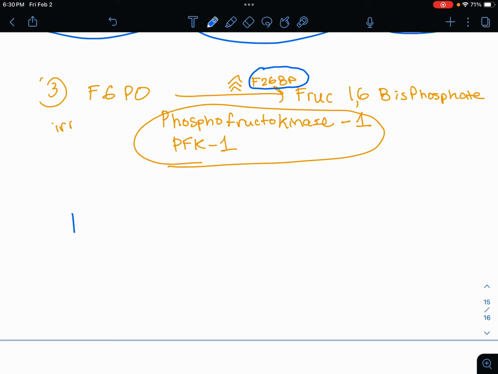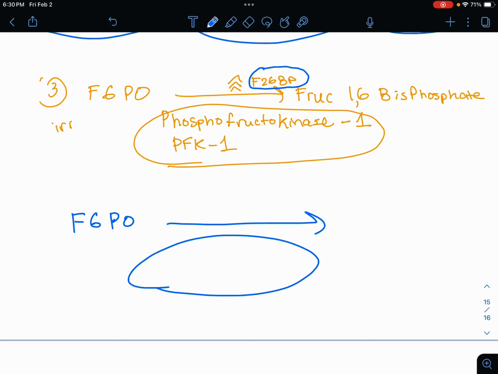PFK2, let's talk about PFK2. PFK2, I'm going to write regulation. PFK2 is basically combined with this other enzyme in gluconeogenesis. They're on the same molecule there.